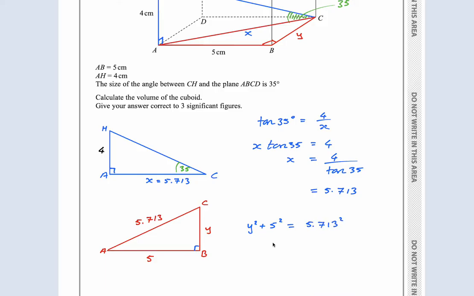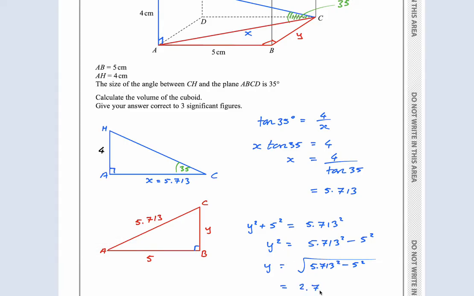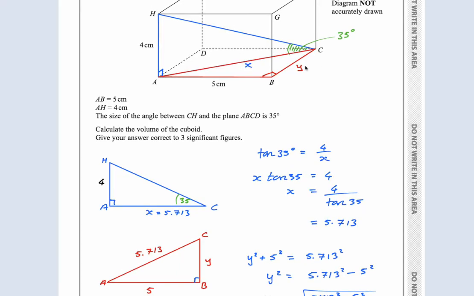Yes, guys, I know this is a hard question. y squared equals 5.713 squared minus 5 squared, and y is the square root of 5.713 squared minus 5 squared, which equals 2.7638. Now that's y, the width.